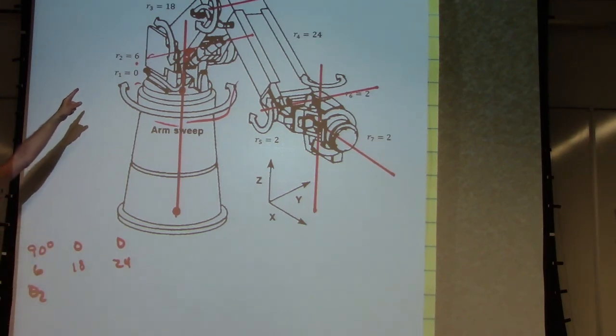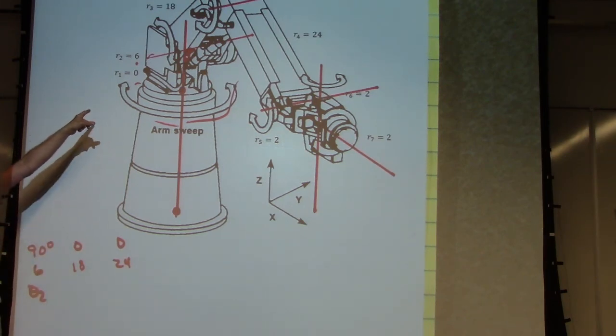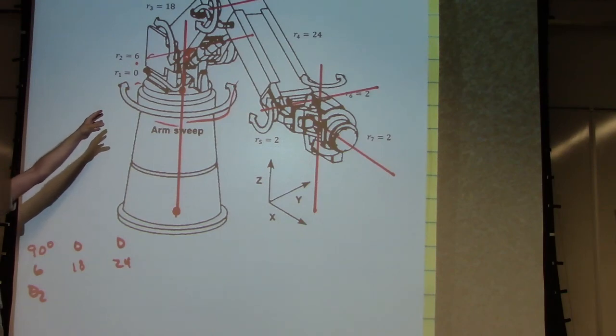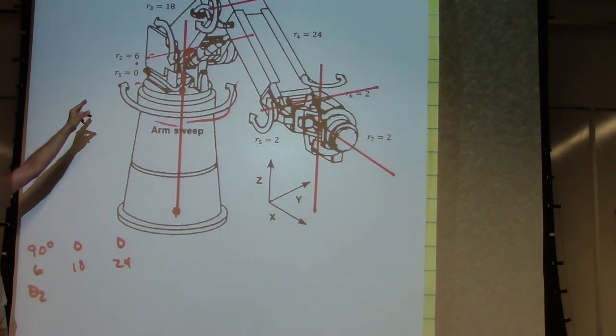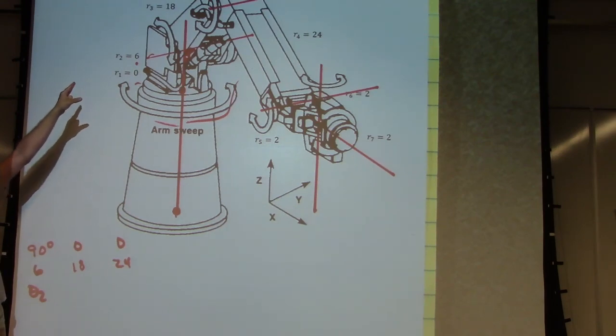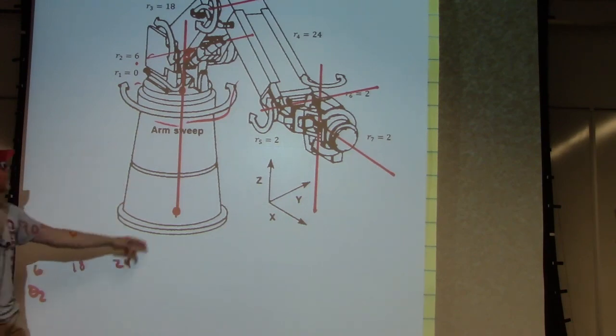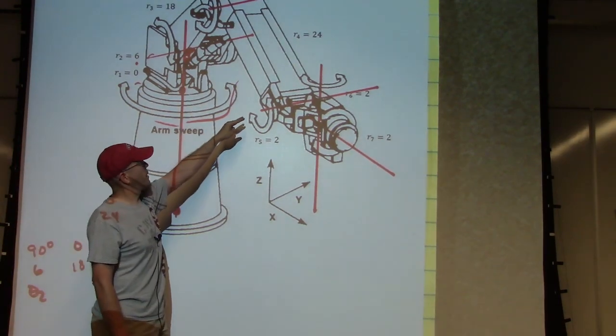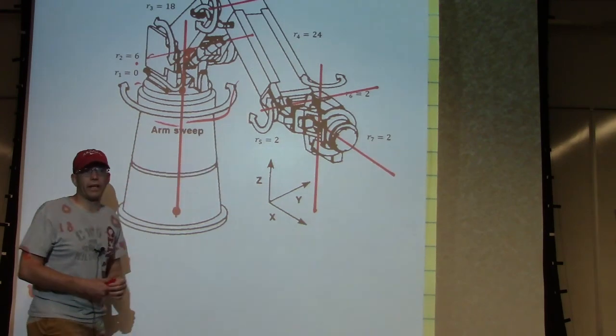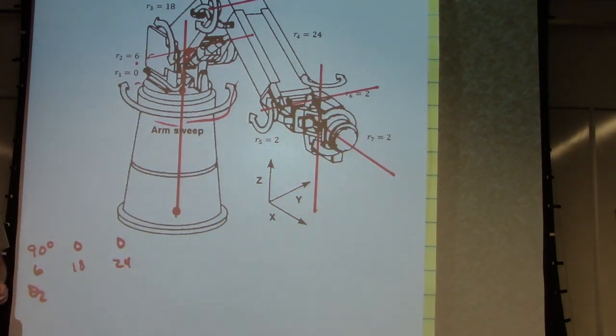So this isn't very realistic. Typically, the reason why I selected 18 and 24 is just because of the way the drawing was drawn, just to make it look proportional to the drawing. But the fact is, typically you would have the first length, or the R3 length, be the 24 inches or centimeters or whatever the case was, and the subsequent length then would be the 18, just to allow you to size the motors appropriately.